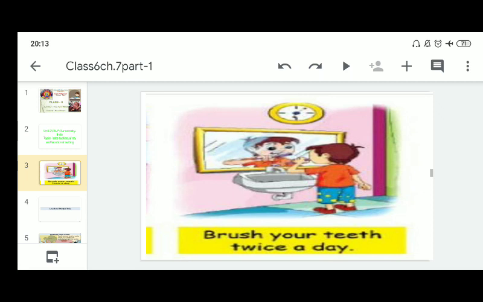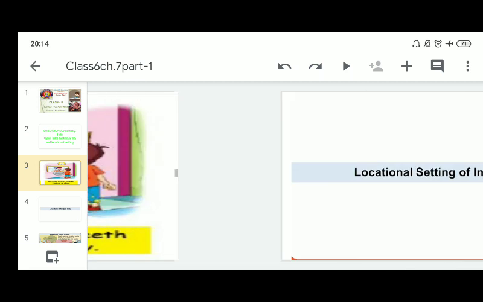By brushing our teeth two times, our teeth would be better and fine. So we all should make a habit of brushing our teeth twice a day. Now children, come on to our study.